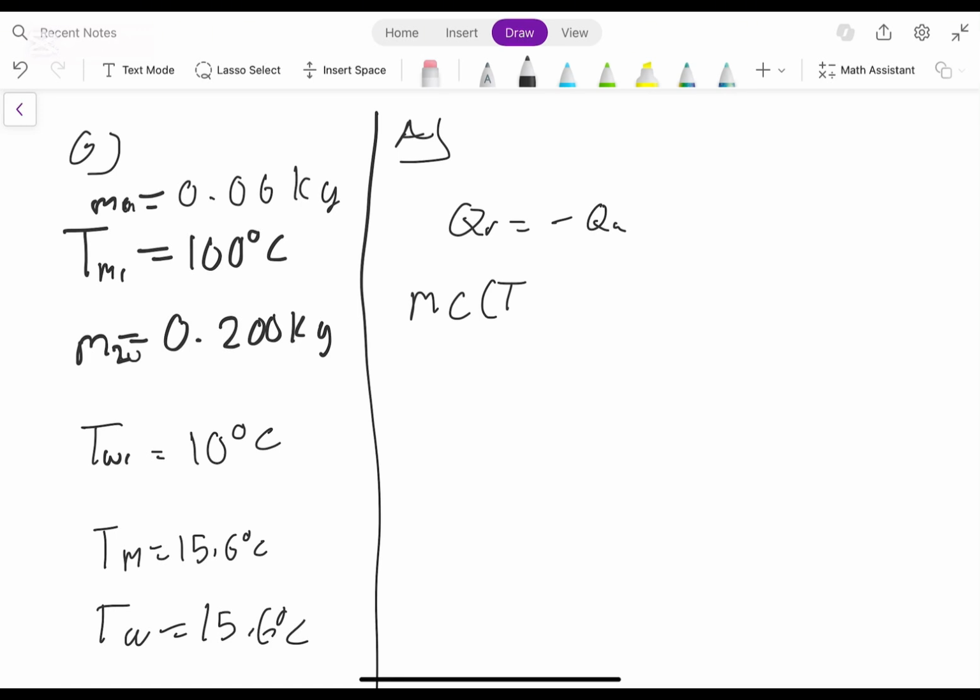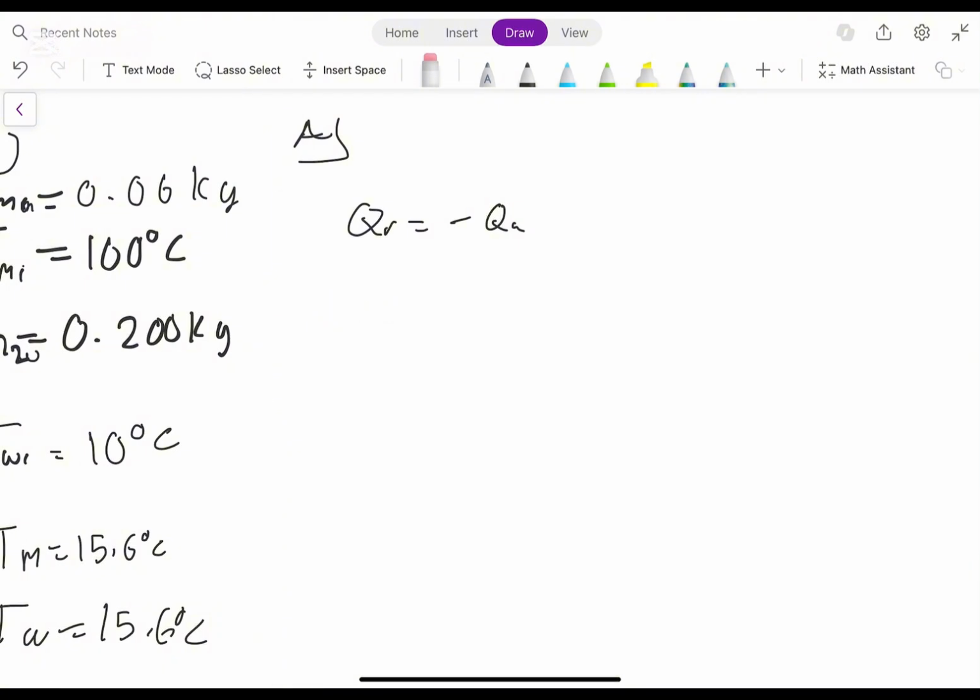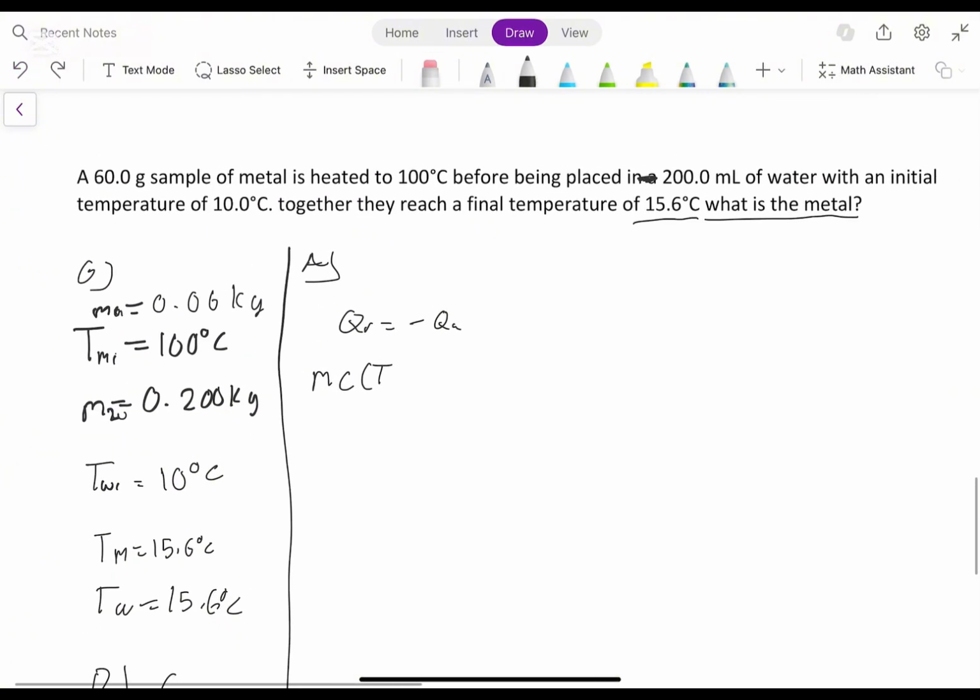So we can put metal right here when we go QR, which is the one that's being absorbed. Because remember, how do you know which one's QR and what's QA? Well, the sample of metal is being put into the water.